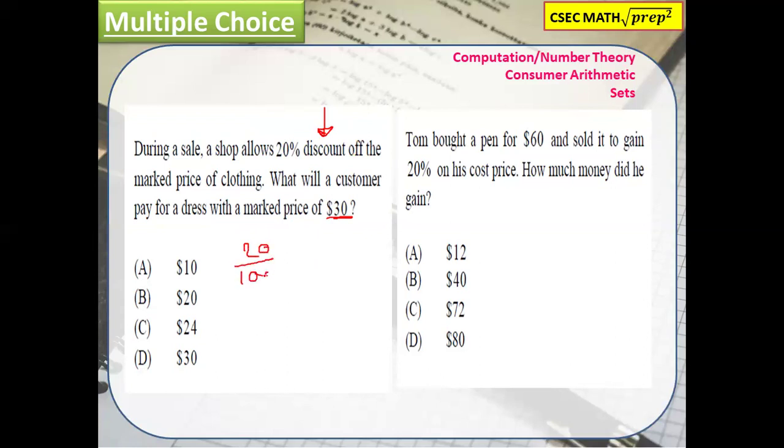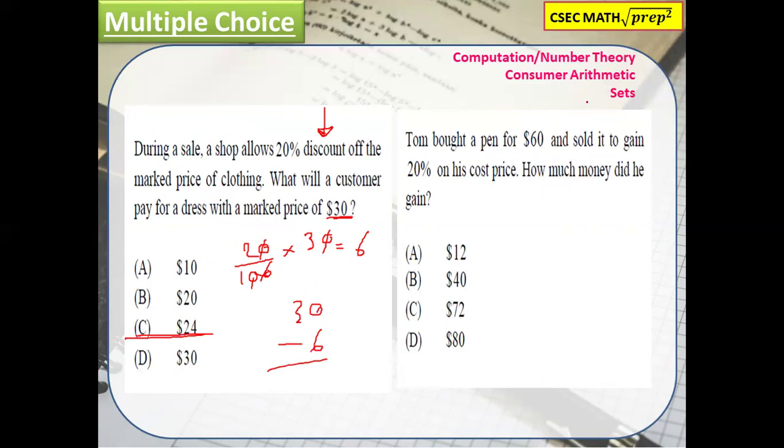So it's 20 over 100 multiplied by 30. The zeros in this case can be easily canceled. And that discount is $6, right? But how much a customer will pay is 30 minus 6. And our answer is C, $24.